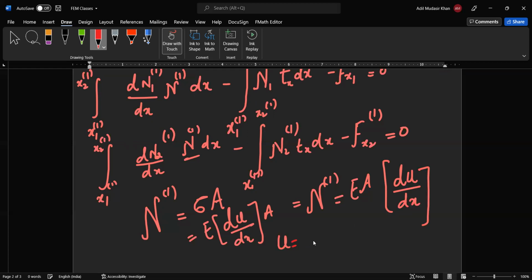You write this u as n1 u1 plus n2 u2, where n1 and n2 are shape functions and u1 and u2 are the nodal displacements. So we'll make this substitution in these two expressions.